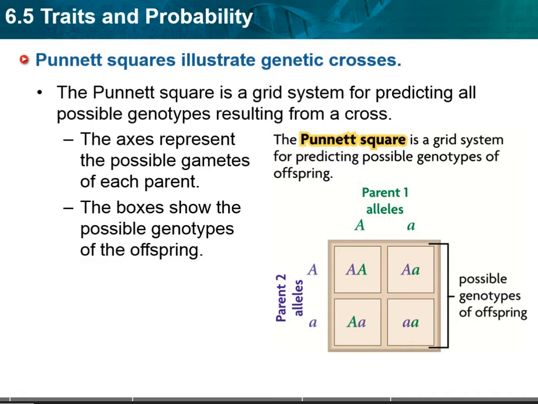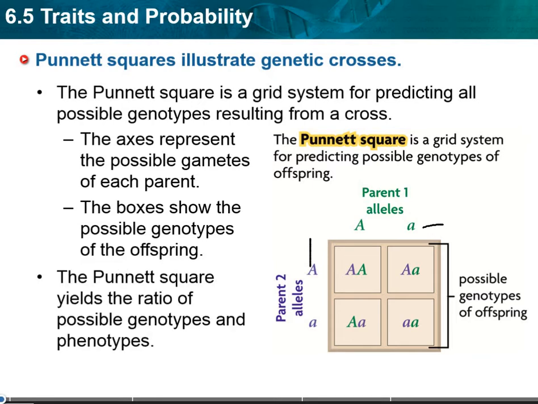So once again, over here would be one parent, there's another parent, and then inside this grid is all of the possible gametes for those two parents if they ended up actually reproducing. So the Punnett square yields a ratio of possible genotypes and phenotypes.